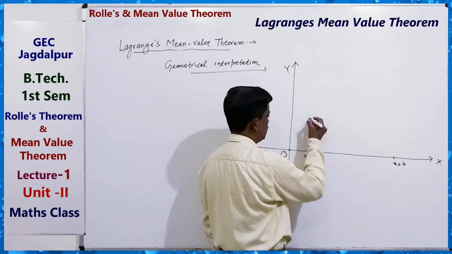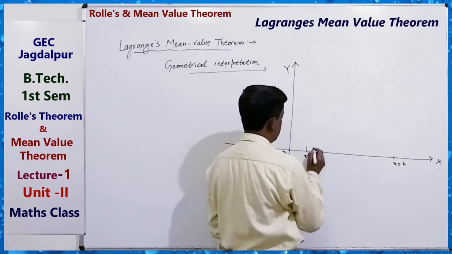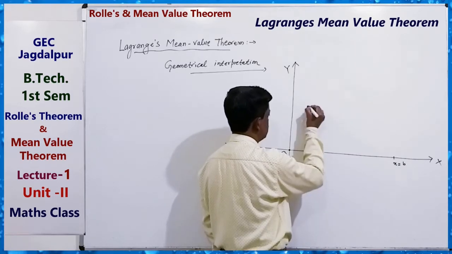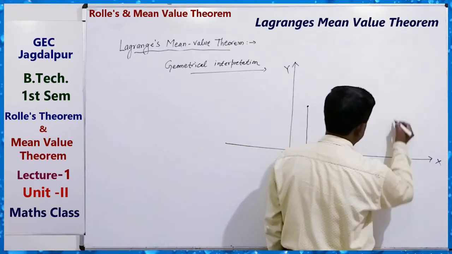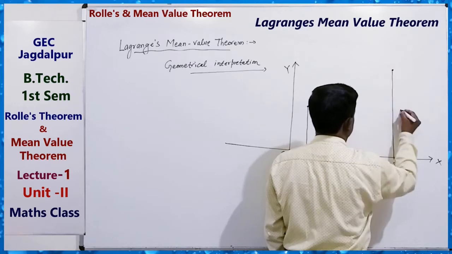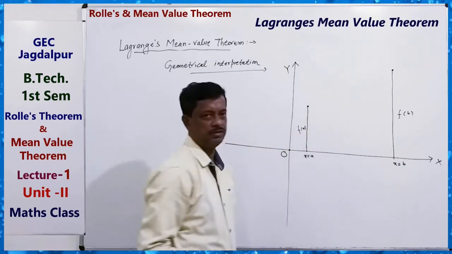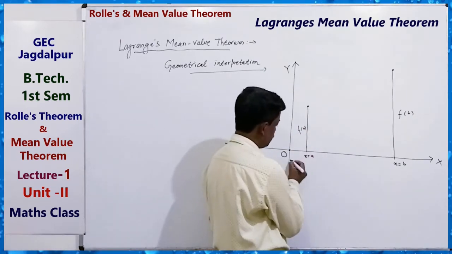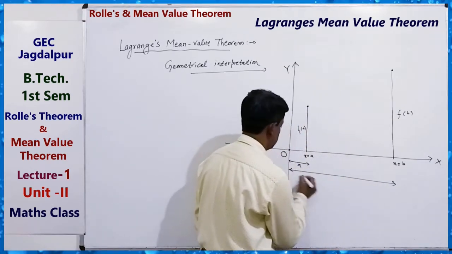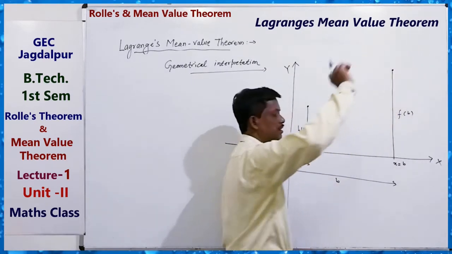So suppose here it is not required that f(a) equals f(b). We can suppose at x equal to a, this value is f(a), and at x equal to b, this value is f(b).